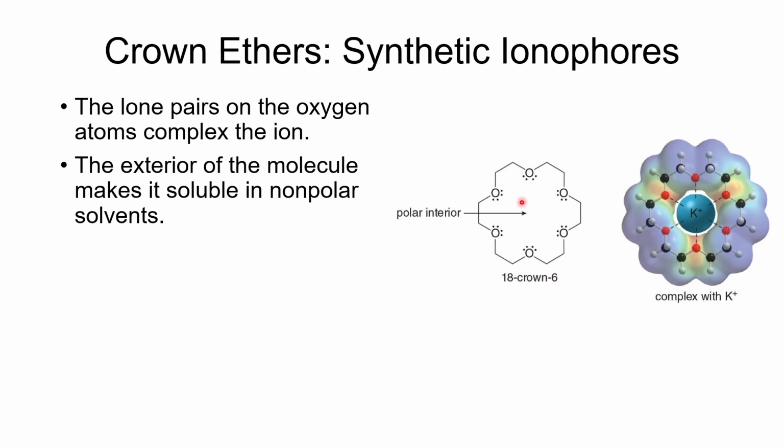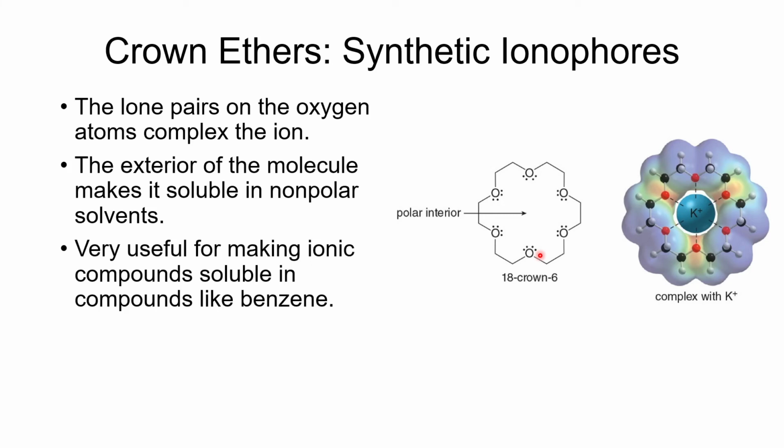Now, these will also interact with other ions, so it's not limited to group 1, but it is kind of cool that with a relatively simple to synthesize molecule, you can do this. It's very useful to make ionic compounds soluble in nonpolar solvents like benzene. That's a big deal.